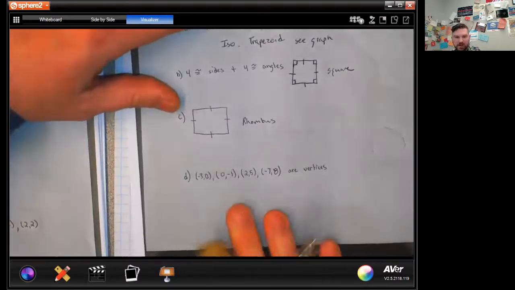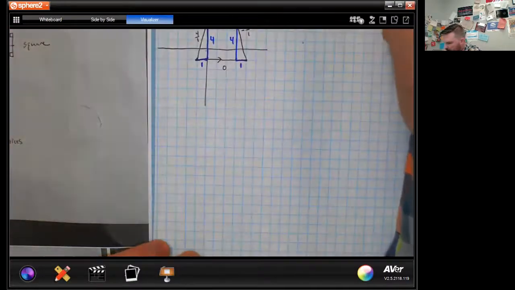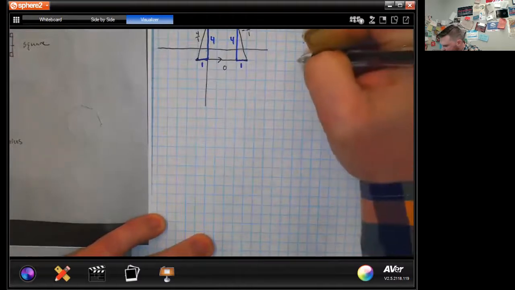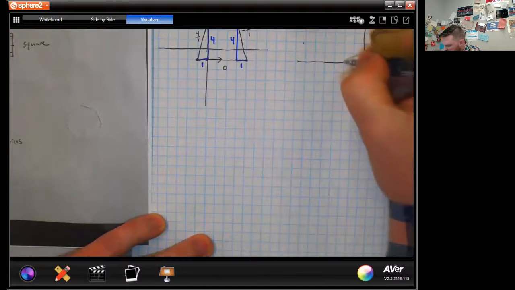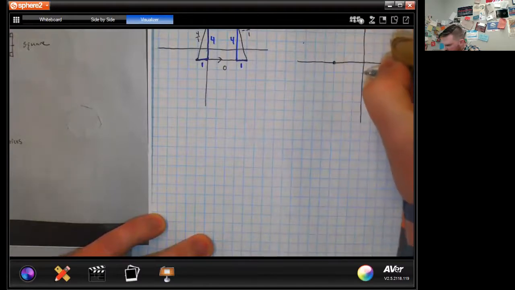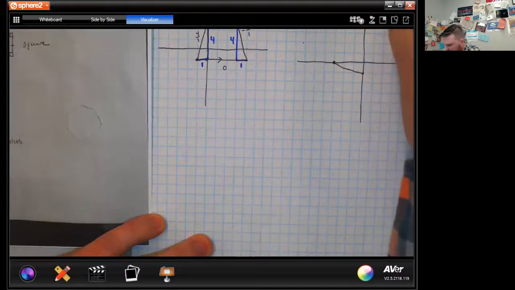Okay, here on D, we have another graph. So we'll go back over here and graph this thing out on a new graph. Okay, -3, 0, 0, -1. So we'll connect those two. 2, 5, and -7.